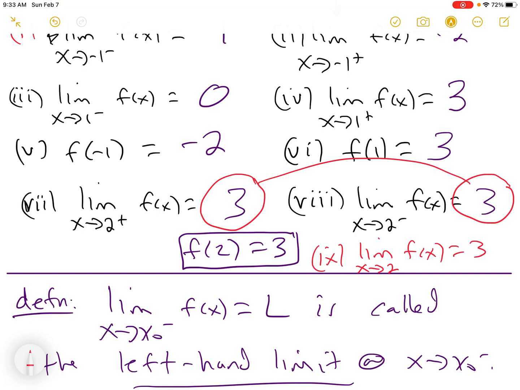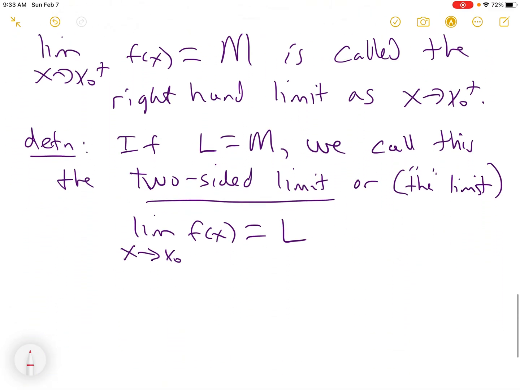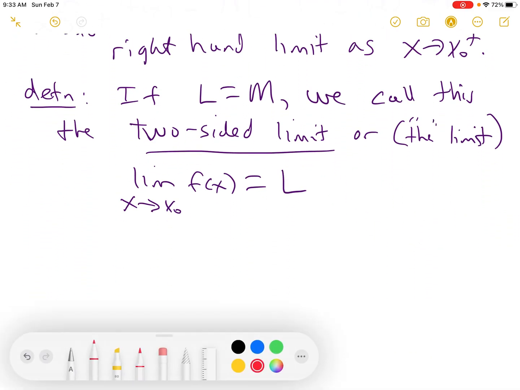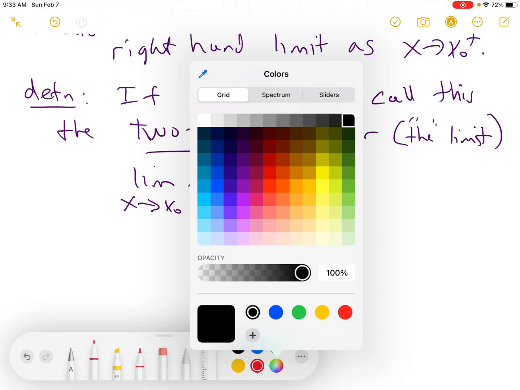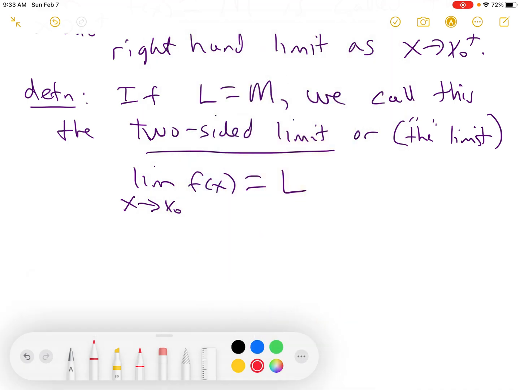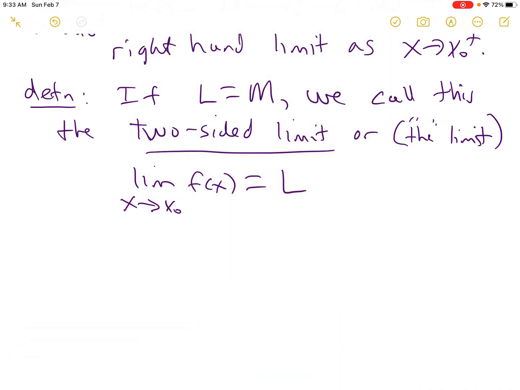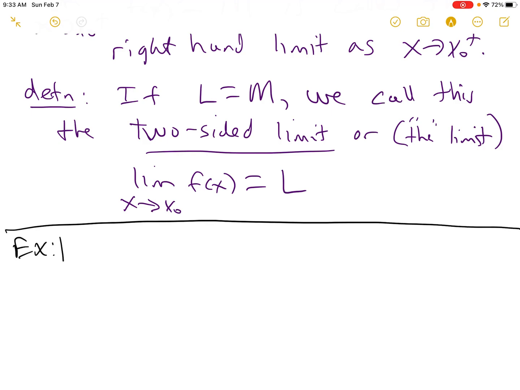Okay, let's do an example here. Let's go black. Okay.